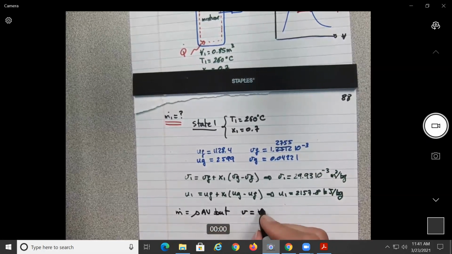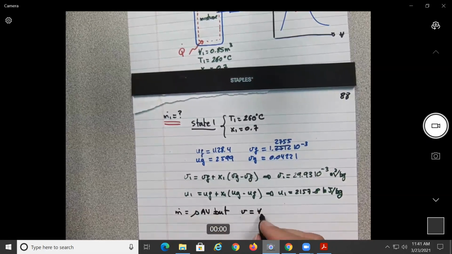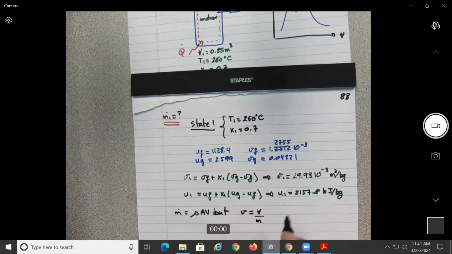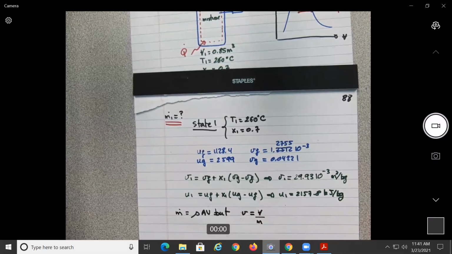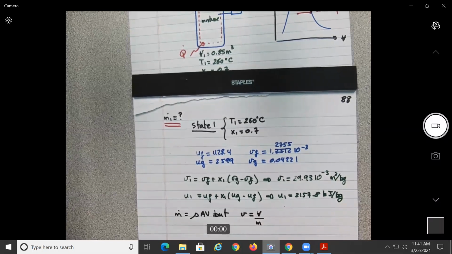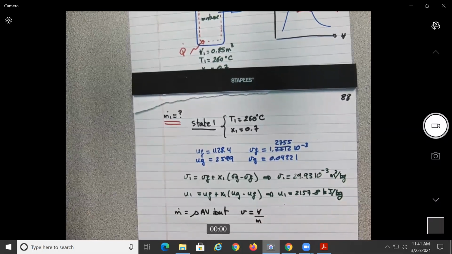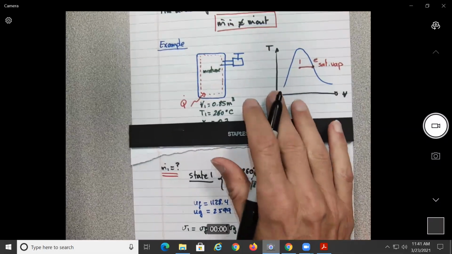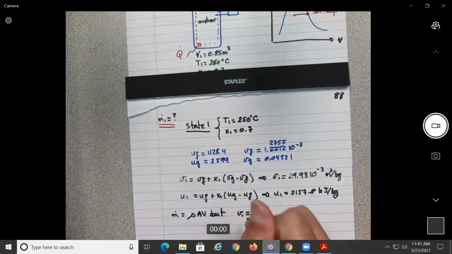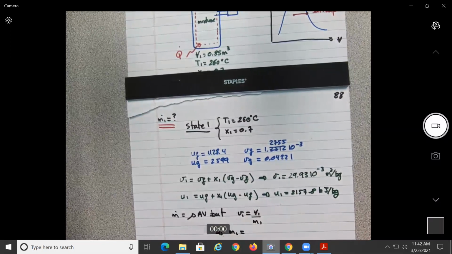Yes, it's 1 over rho, but here we use the other notation, the volume divided by the mass. So we know V1, what's given to us, so from here we can find M1.